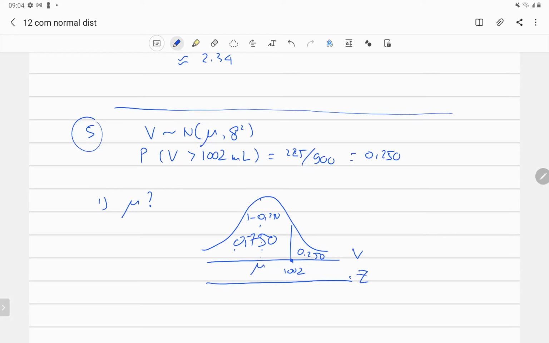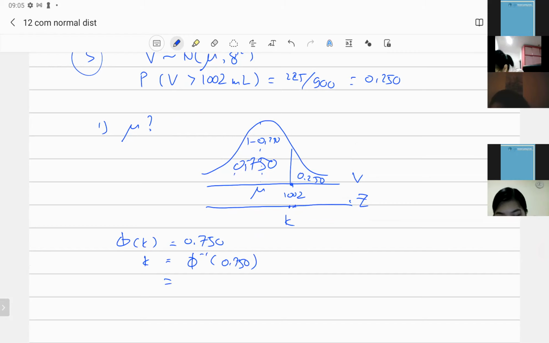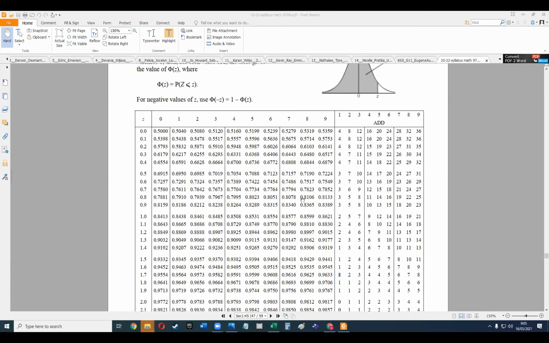Now, we already understand that if this is the value of k here, phi of k will be 0.75. So k is phi inverse of 0.750. Let's read it from the table. From the table, 0.75 is among the special values.